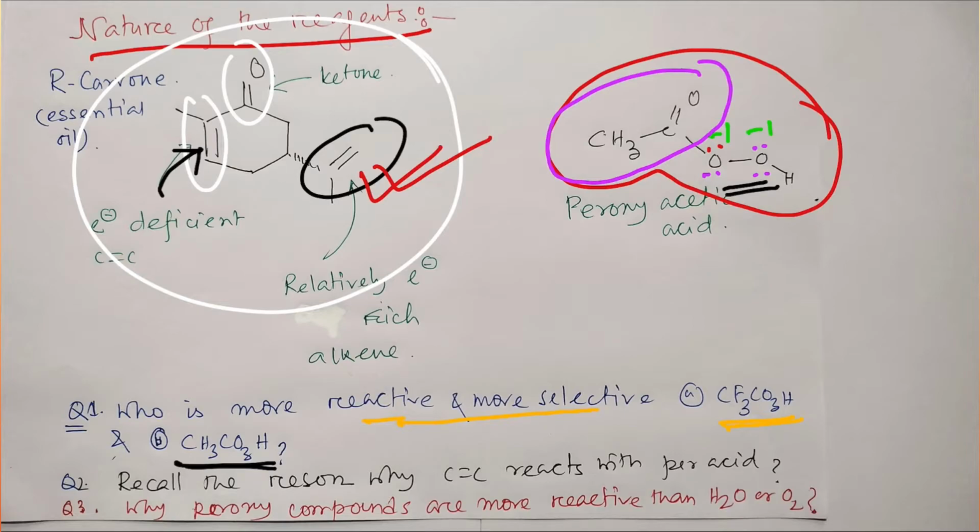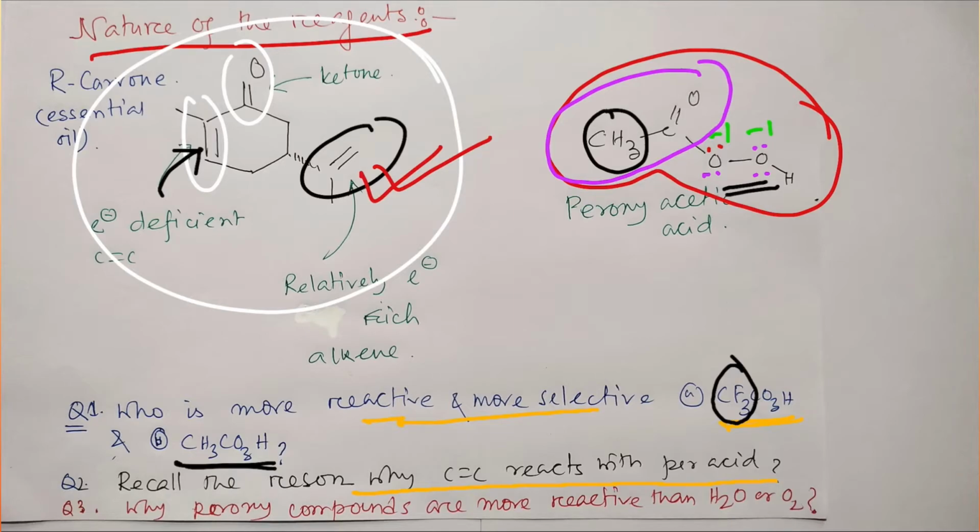In this case, the difference is CF3 versus CH3. If CF3 is there, it withdraws more, so it gives the reagent more stabilization, and when the reagent is more stable, it is less reactive and more selective. Another thing: the reason the C=C reacts with the peracid is that the carbon-carbon double bond is electron rich and the peroxide is electron deficient.